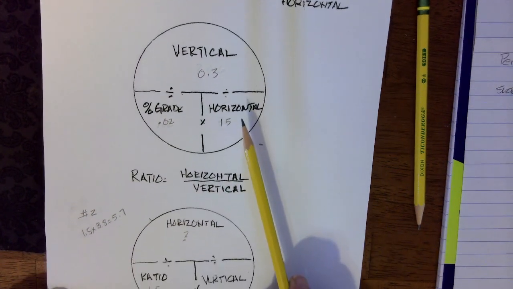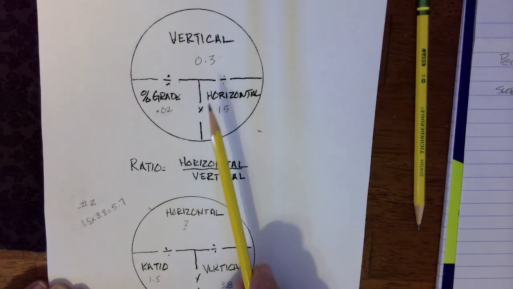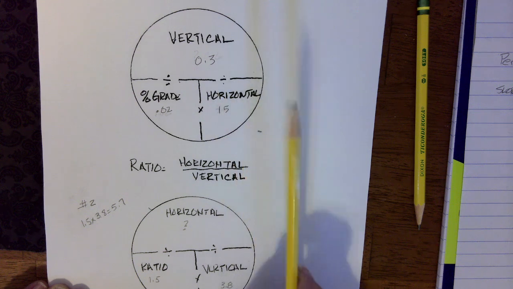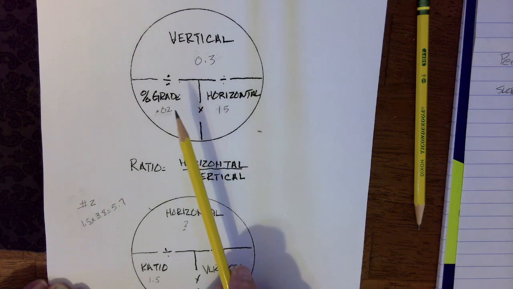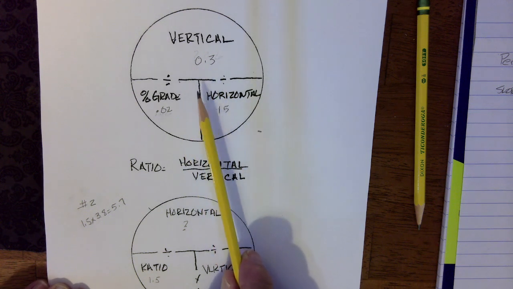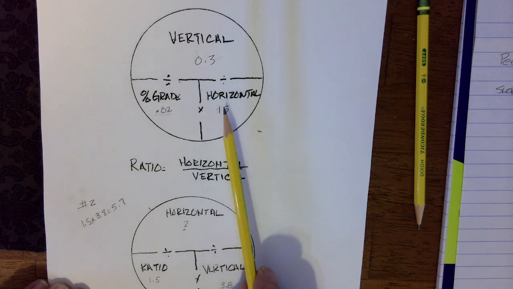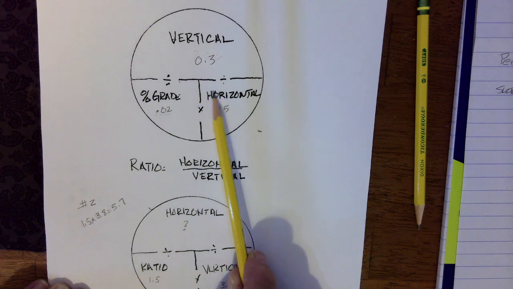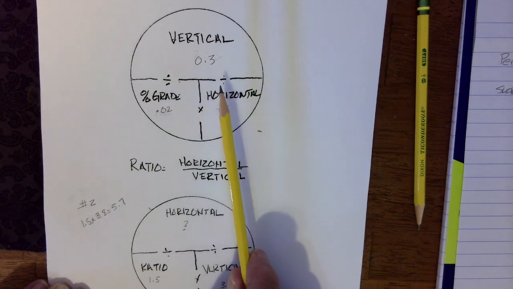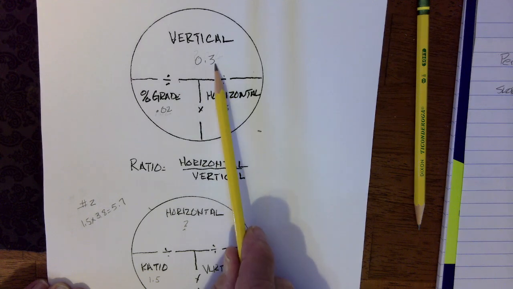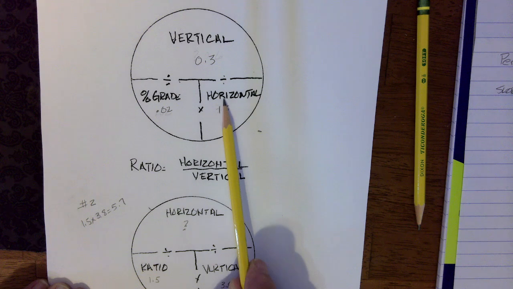I also have a problem here. I wanted to know what percent grade I would have if I had a horizontal of 15 and a vertical of 0.03. This tells me to take that 0.03 right here and divide it by the horizontal of 15.